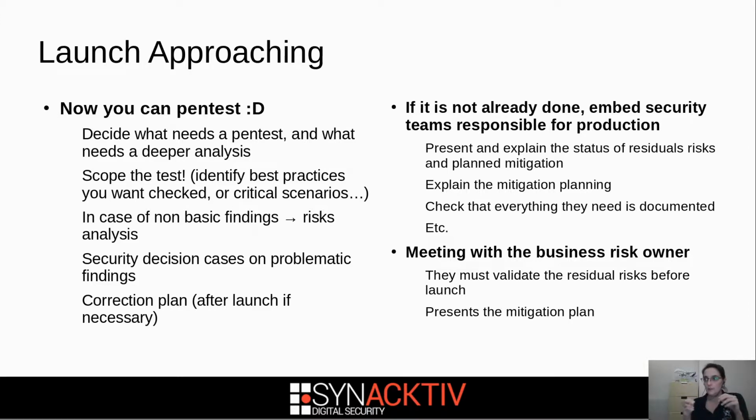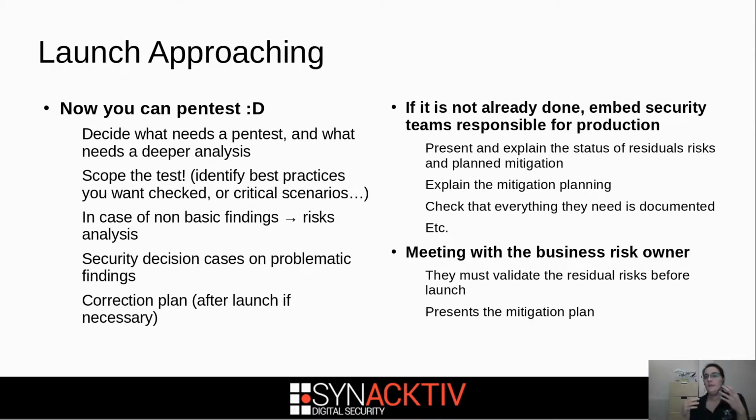You should be able to go to your business owner and say, okay, so the pen test said it's too easy to go root on all of our devices, so I don't know if we should launch. Okay, you should be able to do that. And of course, when you have a pen test, you should have a correction plan, okay? The pen test itself is not a stamp of security, it just means that someone looked at your product, you need to do something about it after.